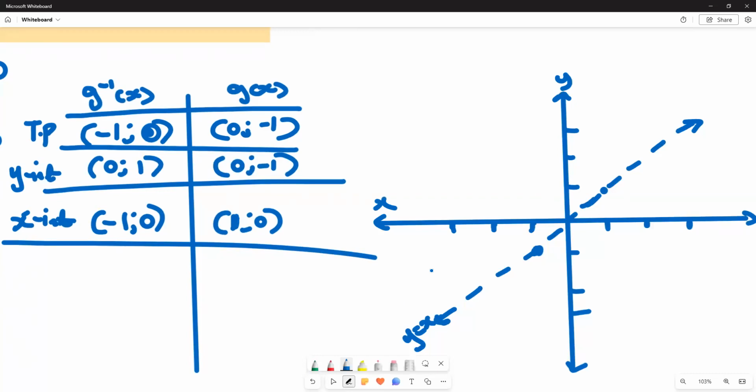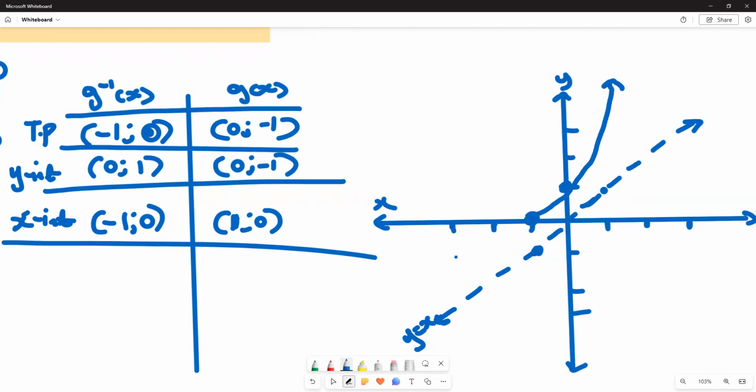Okay, now let's sketch the inverse. The inverse, we have (-1, 0). So (-1, 0) will be here. Right, and then we have (0, 1), which is there. And then we can see that this is our parabola looking like this.